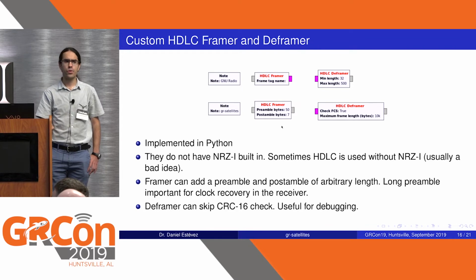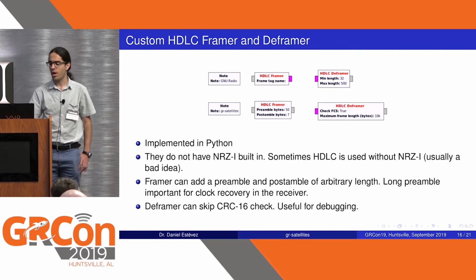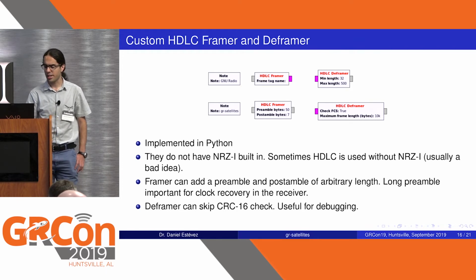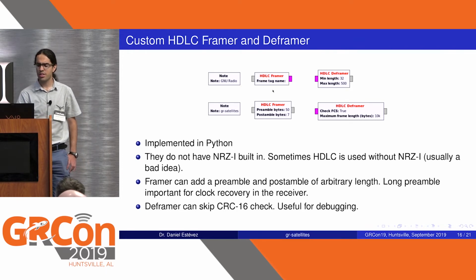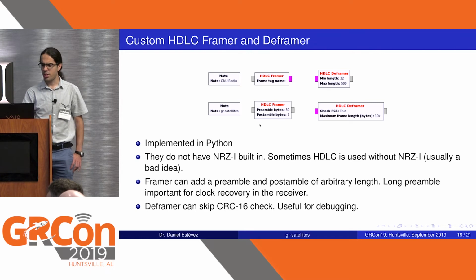So this is very useful because when you're working over the air, so when you really want to work with a receiver, you need to transmit the preamble several times so that the receiver can lock onto the clock of the signal. And I think the HDLC framer in GNU Radio only inserts this preamble once, so this is rather short.